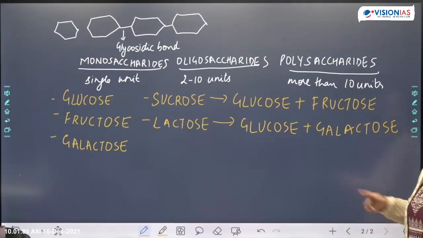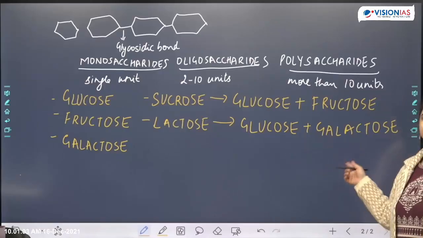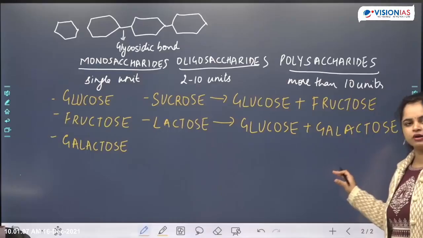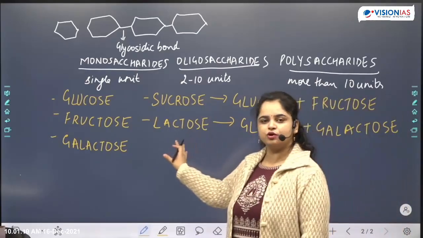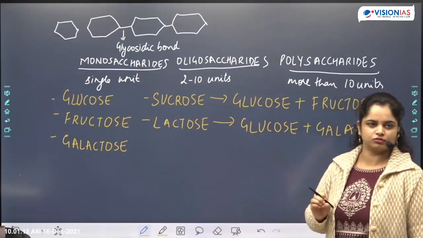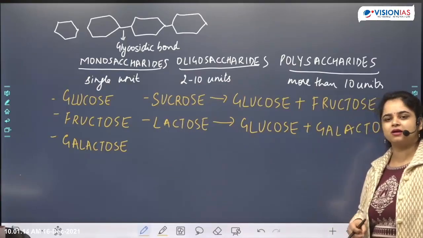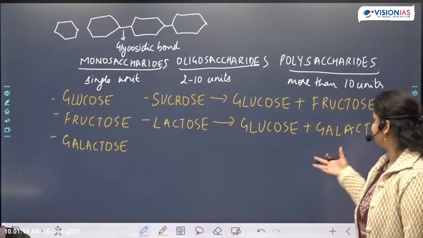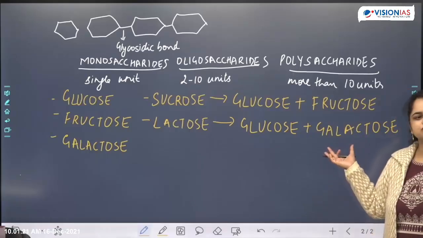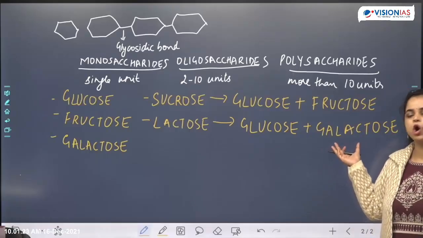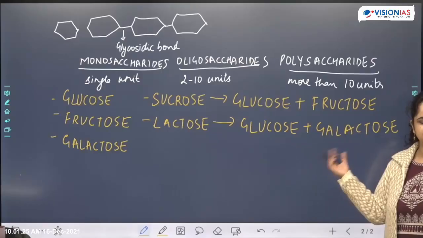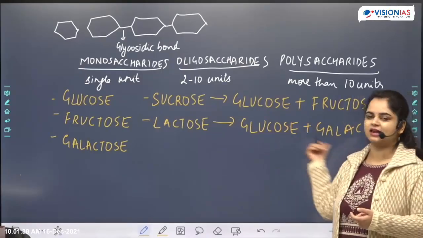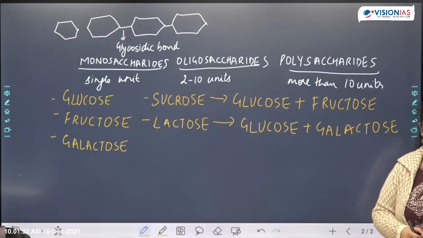Glucose and galactose are both monosaccharides, and when they join, they give an oligosaccharide called lactose, which is found in milk, the milk sugar. So when we wrote about galactose, this is what we wrote. It is a component of the milk sugar. Milk sugar is actually not just galactose, but a combination of galactose and glucose together.